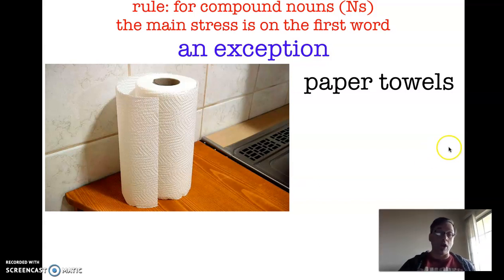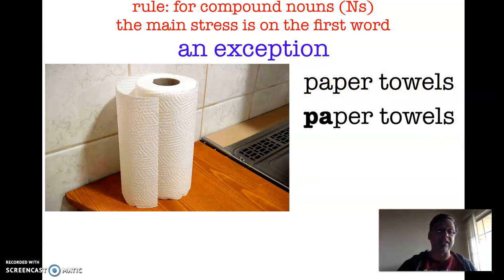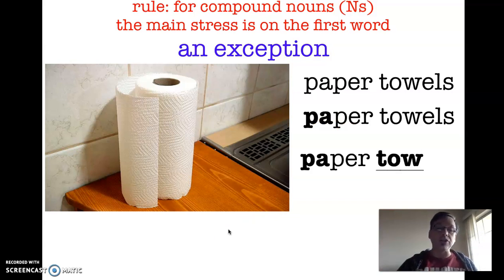In the first word, minus towels, in just this word, we do stress the first part. That's where the stress is in the single word. Paper, not paper, paper. But in the compound word, the two words together, we're going to stress the second word.